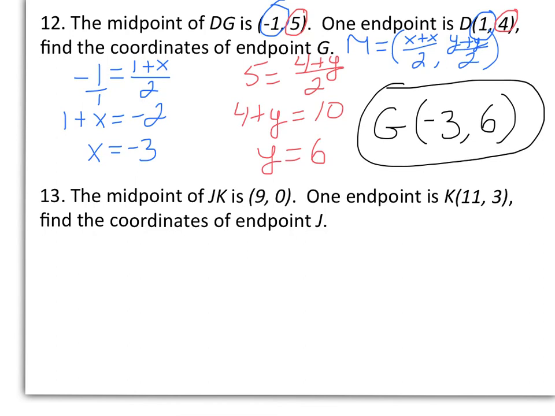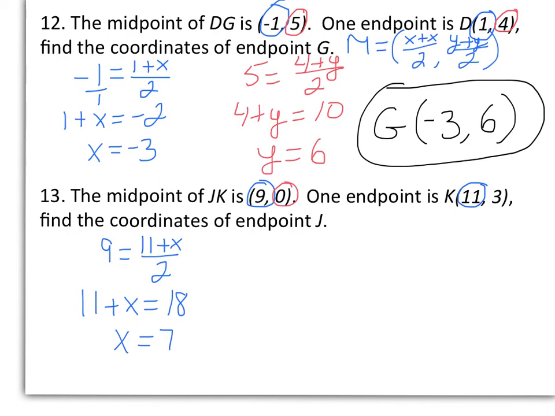Alright, let's start with the x. So x midpoint 9, one of my endpoints 11. So 9 equals 11 plus x, divide by 2. Let's simplify and then get x by itself. We get 7. Same thing for the y. Y midpoint, one of our y endpoints.